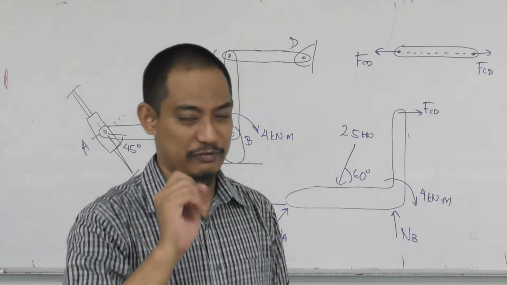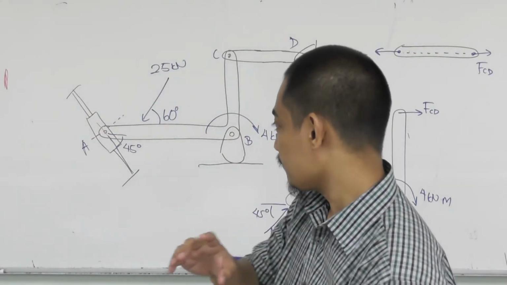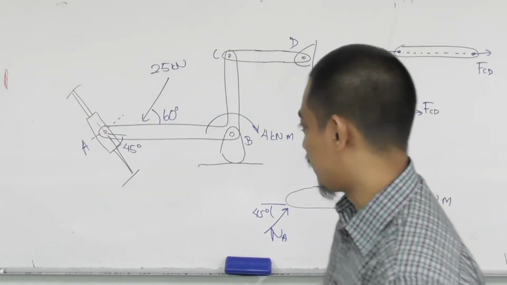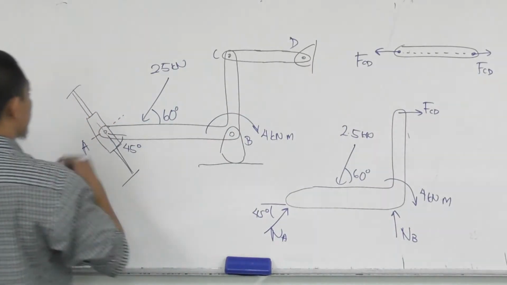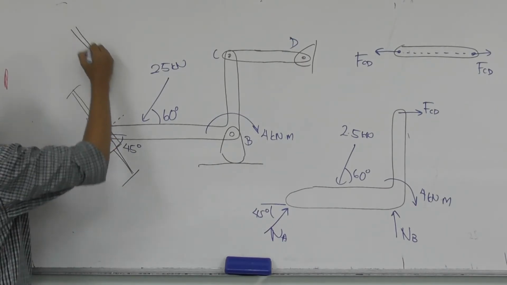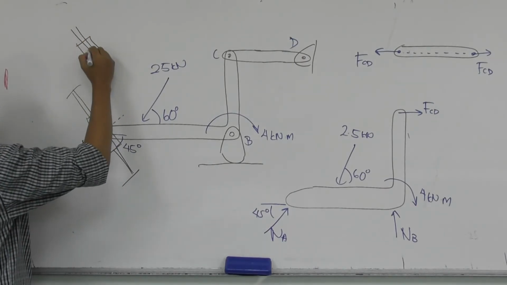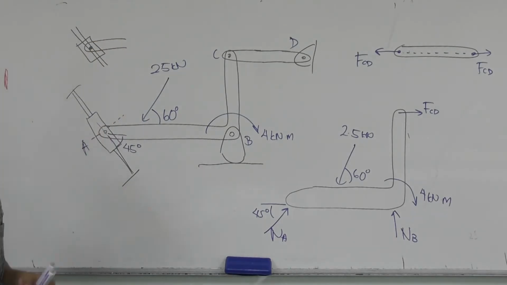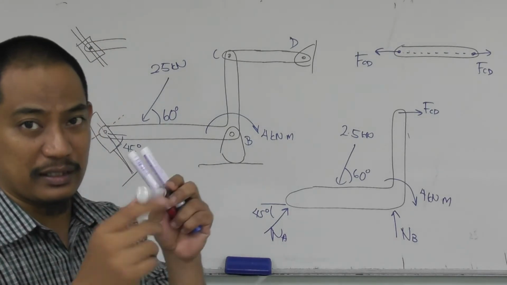Now, before I forget, because there is a collar, if you have a collar like this, where it's a pin connected to a member there, for example, when there's a pin, it allows that rotation.